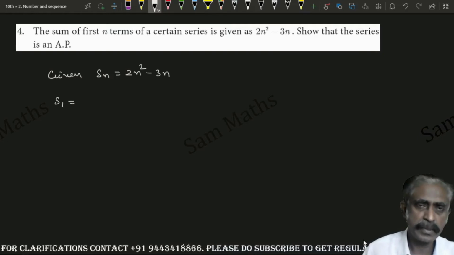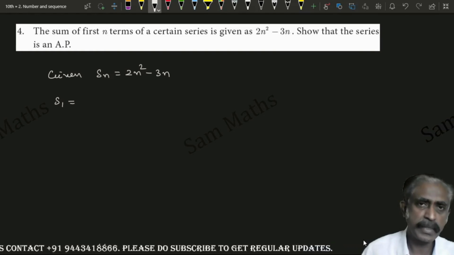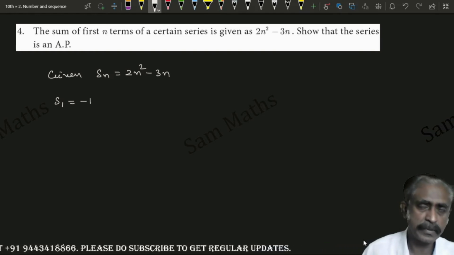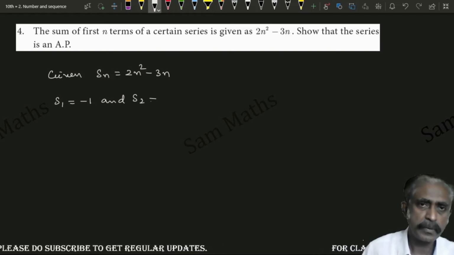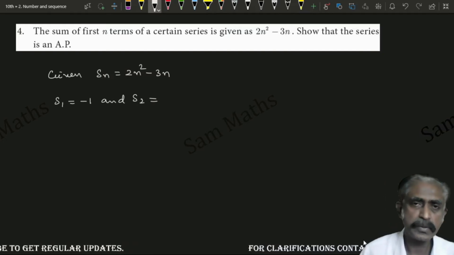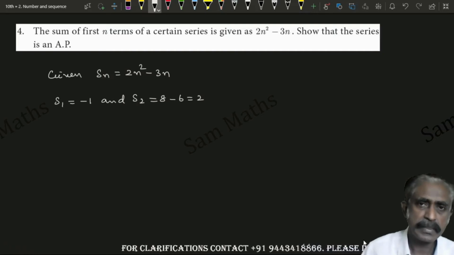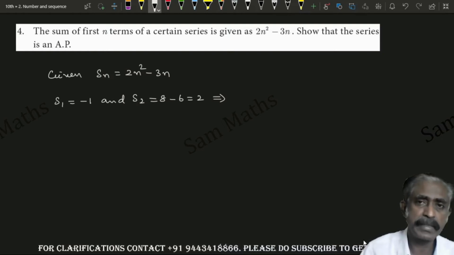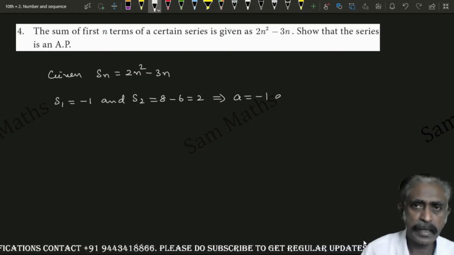Substitute n is equal to 1 in the Sn value. We are getting 2 minus 3, that is minus 1, and S2, you substitute n equal to 2, 2 square is 4, 4 twos are 8, 8 minus 6 is 2, which implies S1 means only the sum of the first term, that is A. A is equal to minus 1.